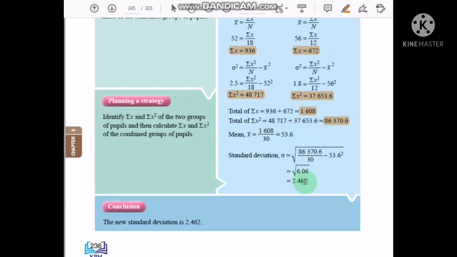Then you do it like this and you will get the final answer. So you know that the new standard deviation is 2.462. That's it. That is how you do it.